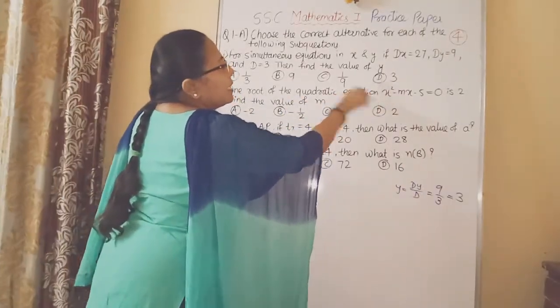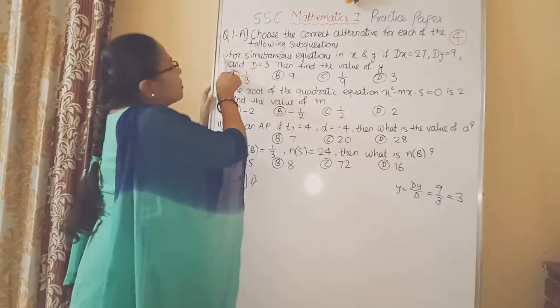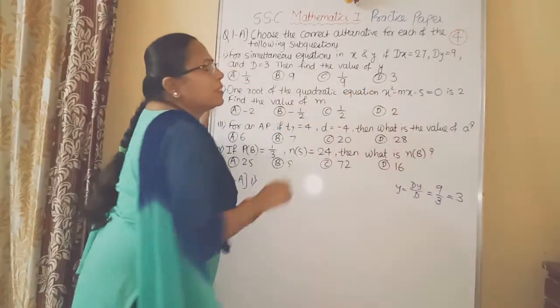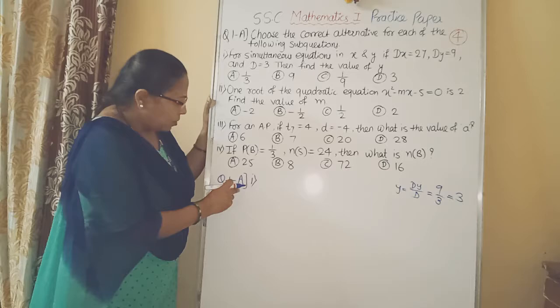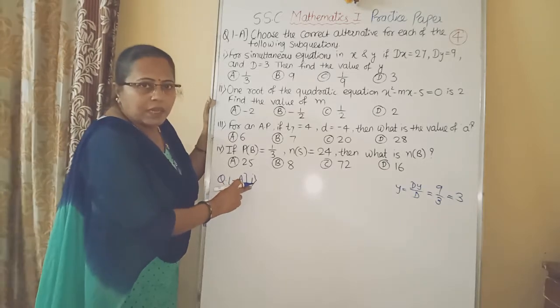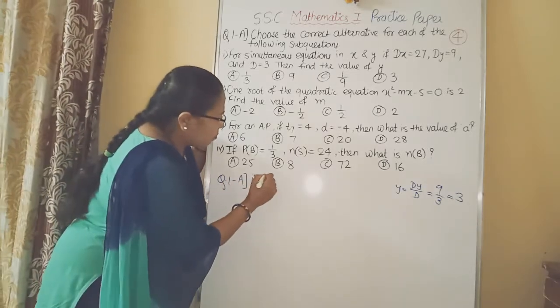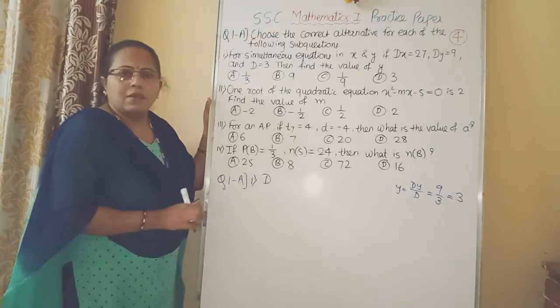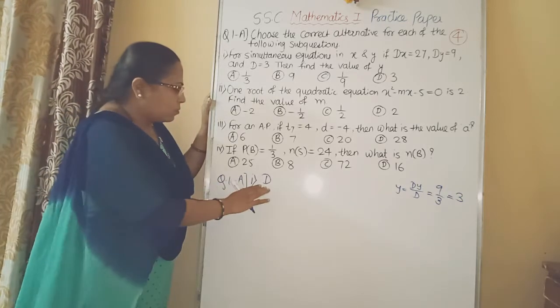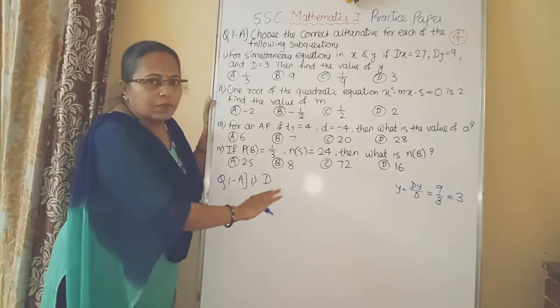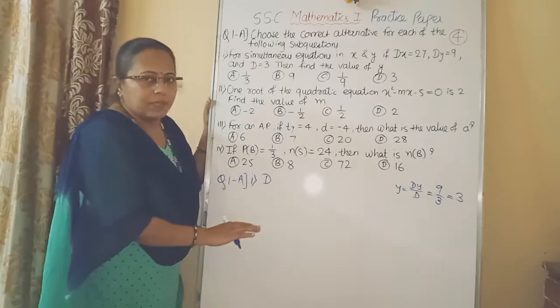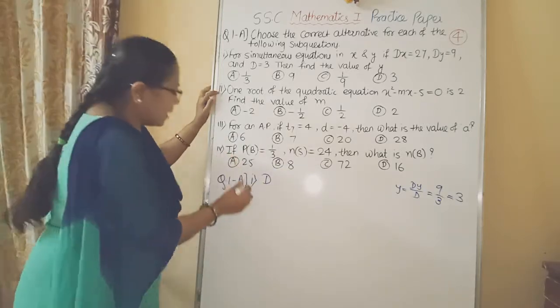Option number D. That means for this first question, option number D is the correct answer. So here you have to write sub question number 1 and correct option number D. Enough, only you have to do this. No need to write the solution, that you can do roughly. Okay, now second question.